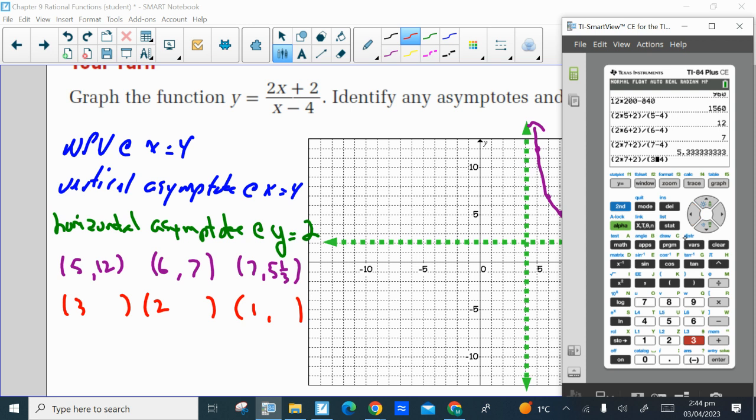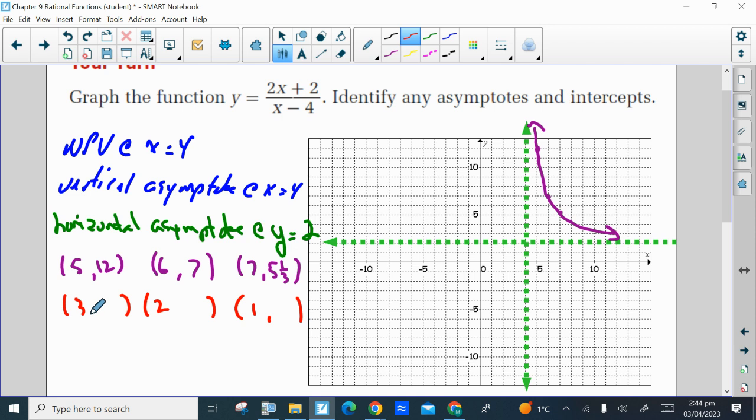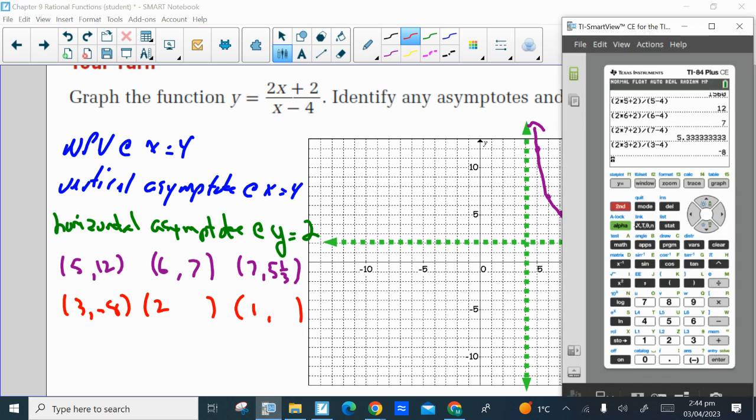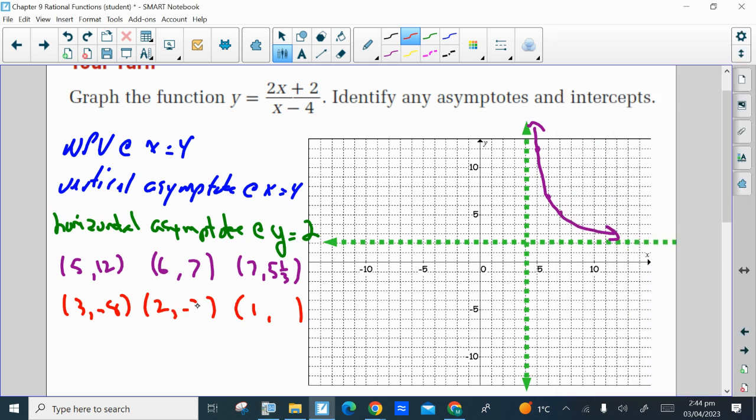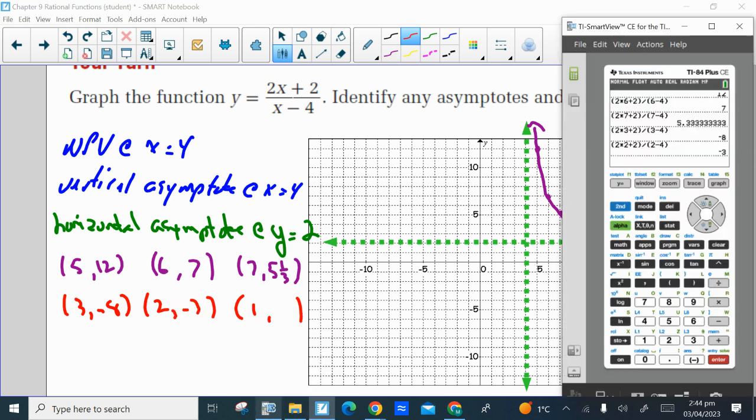So first when x is 3, negative 8. When x is 2, we get negative 3. And when x is 1.